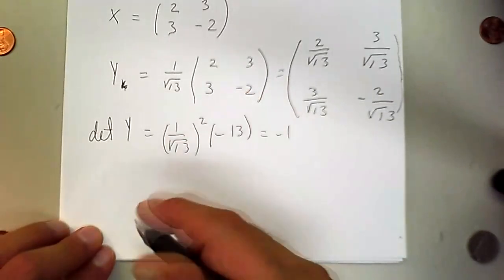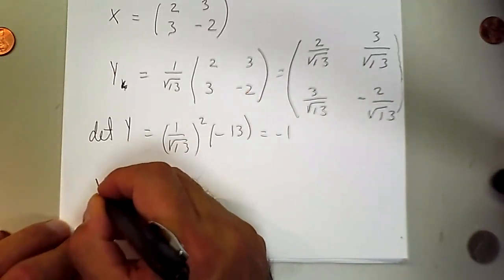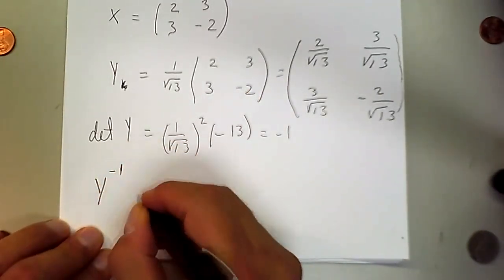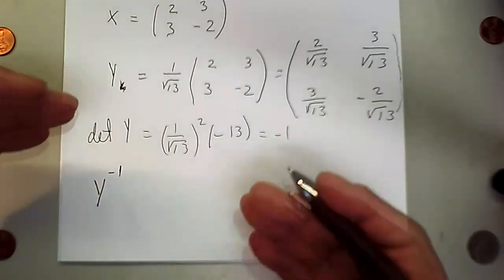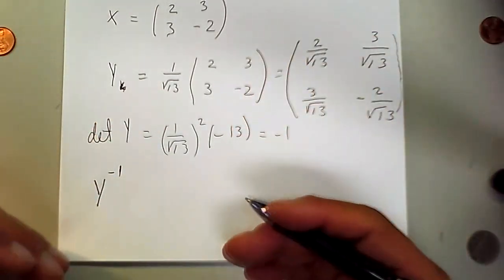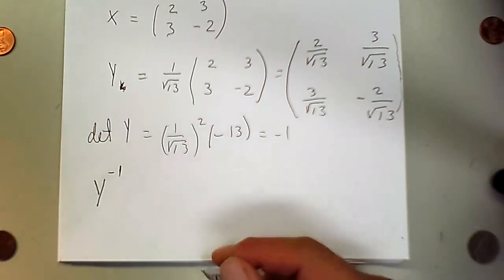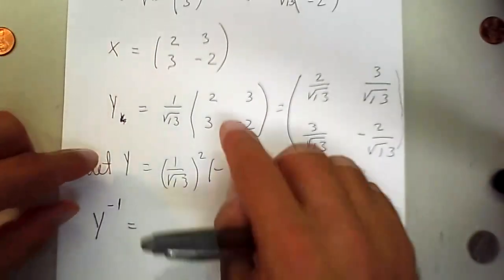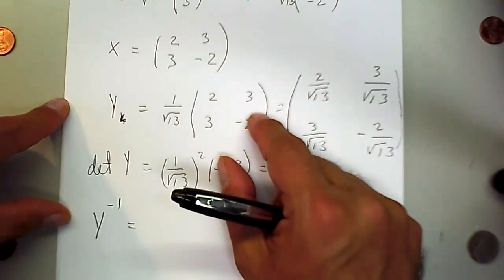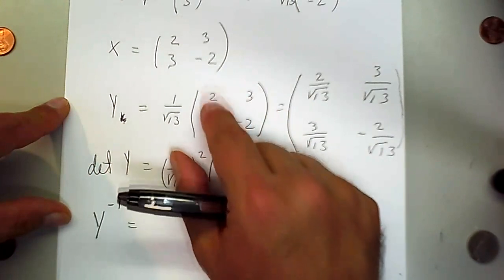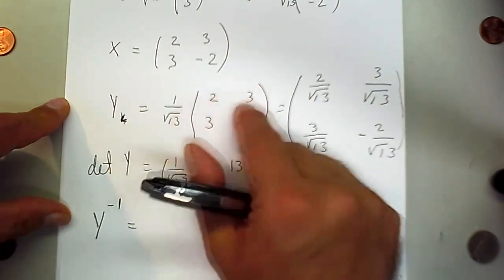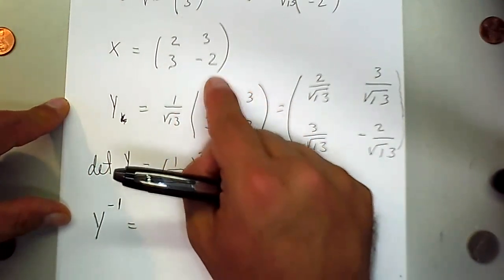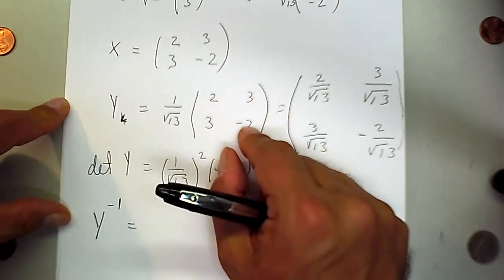Okay, so now what about the inverse? We typically go through the process of Gauss elimination to find the inverse of this matrix. That is true. But this matrix is very special, it's orthogonal, which means the columns are orthogonal among themselves, and the columns are also normal.